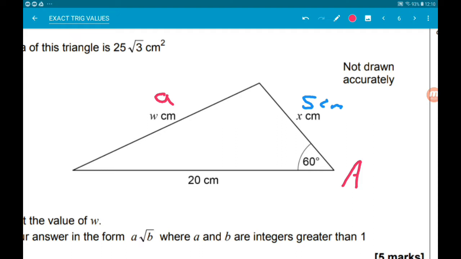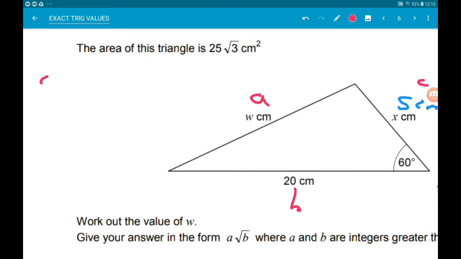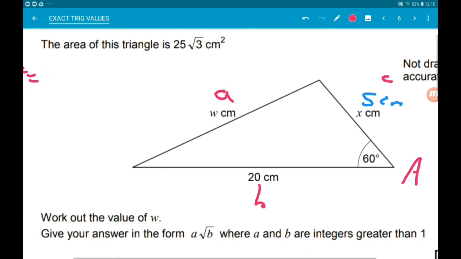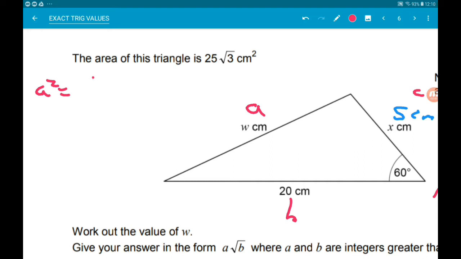Doesn't matter what we call them, one's B, one is C. So, we now know then that A squared is equal to 5 squared add 20 squared minus 2 times 5 times 20 cos of 60.